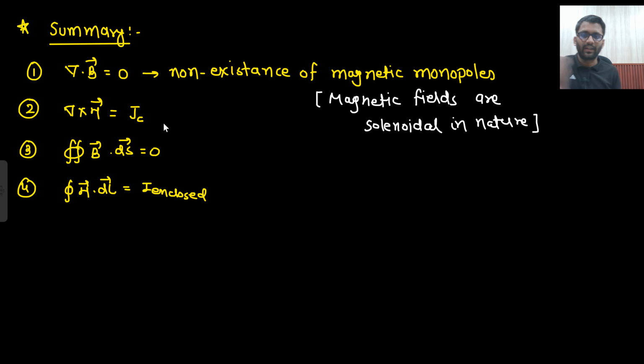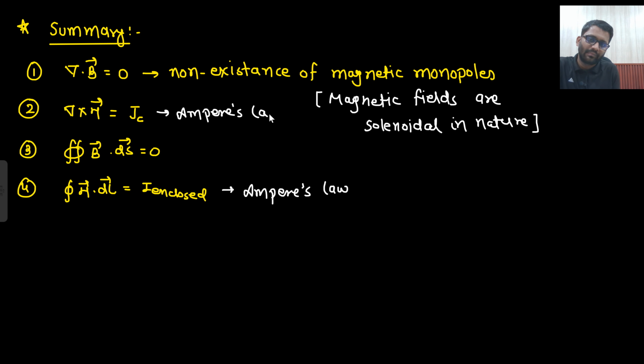And this is del cross H is equal to Jc, and B dot ds is equal to 0, H dot dl is equal to I enclosed. This was your Ampere's law. This was also your Ampere's law only. And this is Gauss law, you can say, or the same thing is there.